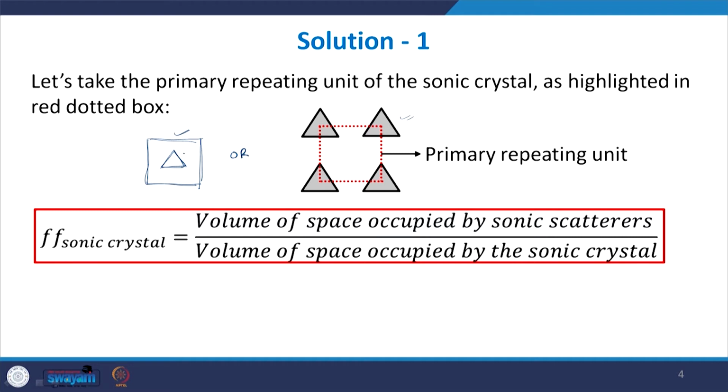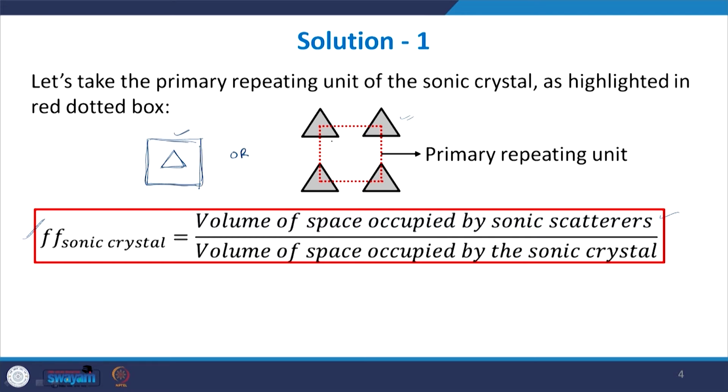For this one, obviously the filling fraction can easily be found. The filling fraction for a sonic crystal is given by the volume of space occupied by the scatterers divided by the volume of space occupied by the overall material. If you take one primitive cell, it can be this or this.